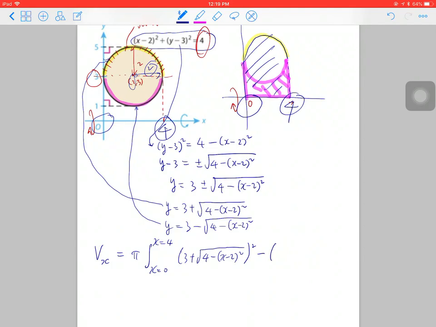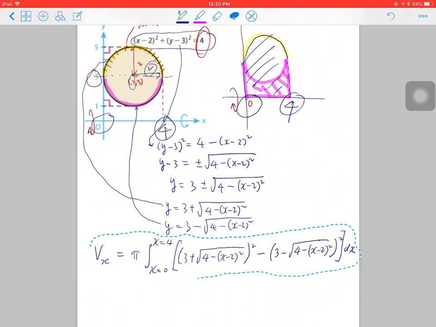Starting also from 0 to 4, so I can write everything in a single integrand. So 3 minus this one, and take the square, and then dx. Okay, let's copy this one into another page.